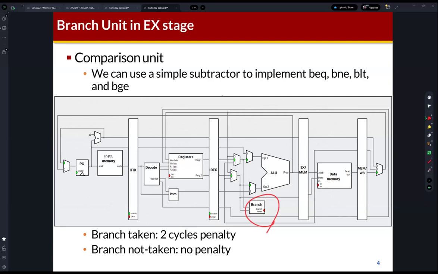Our processor needs to support four branch instructions: BEQ, BNE, BLT, and BGE. In order to implement BLT and BGE, we require a subtractor. We can implement BEQ and BNE using the equality check logic, but BLT and BGE require a subtractor.